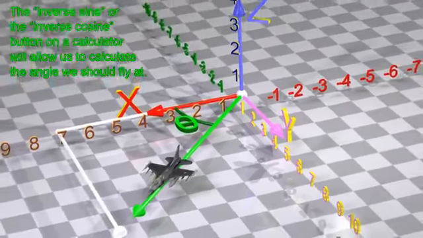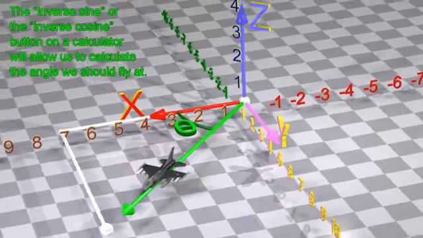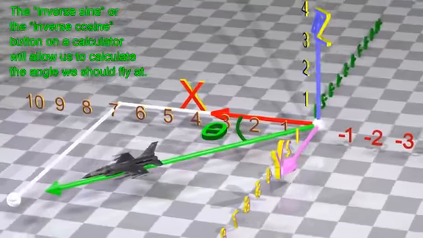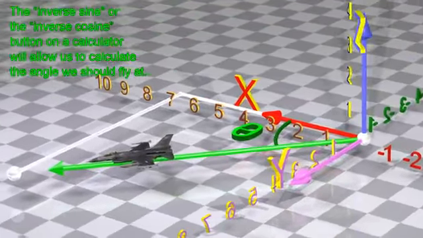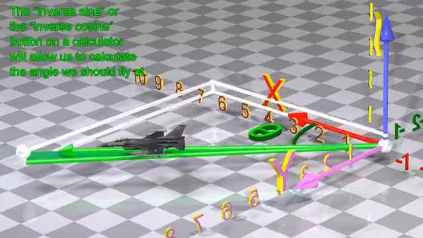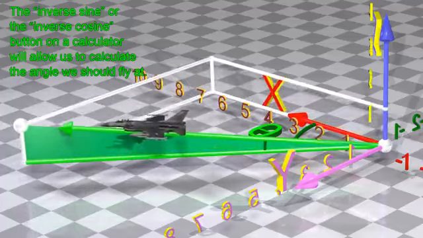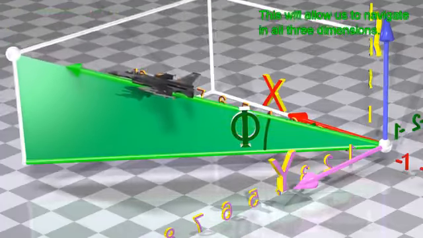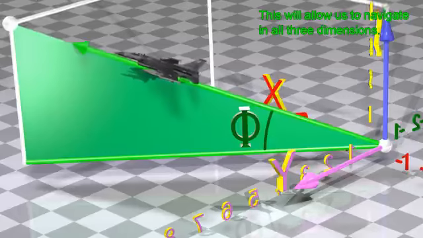The inverse sine, or the inverse cosine button on a calculator will allow us to calculate the angle we should fly at. This will allow us to navigate in all three dimensions.